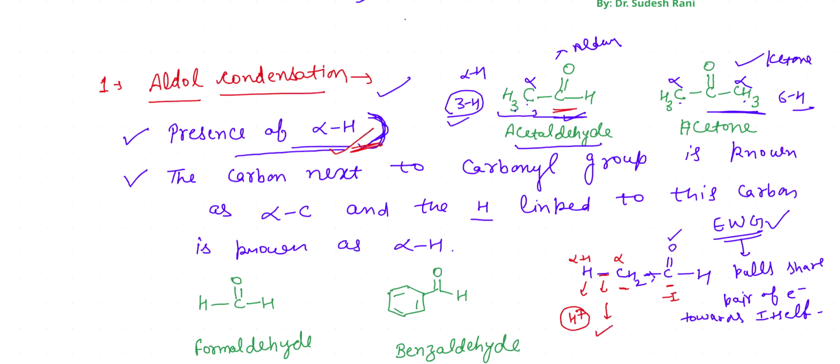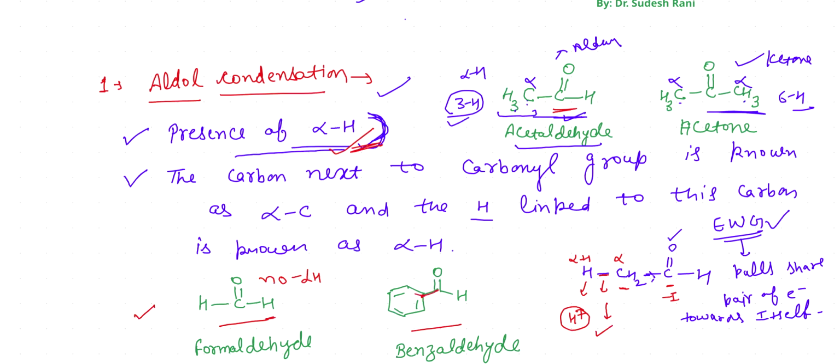Look at two other molecules. One is formaldehyde, another one is benzaldehyde. In this case, there is no alpha carbon, so these molecules have no alpha hydrogen. Look at this molecule. Here carbon forms 4 bonds: one is this bond, second, third, fourth.